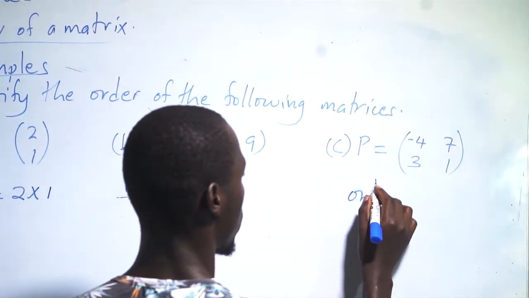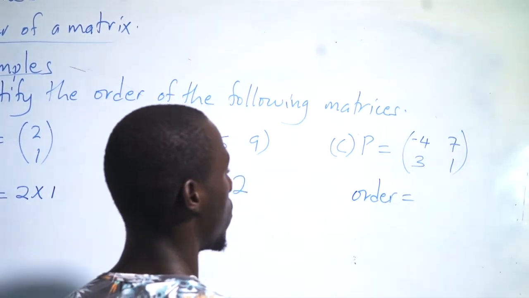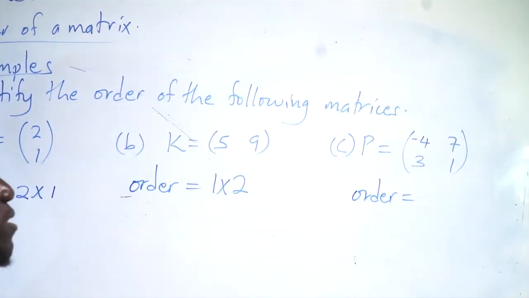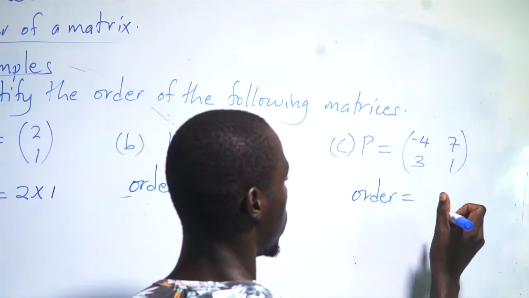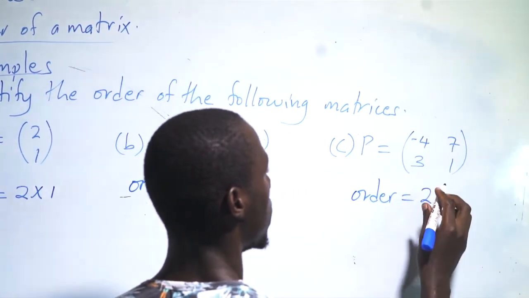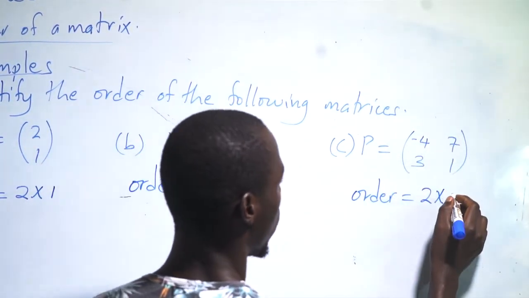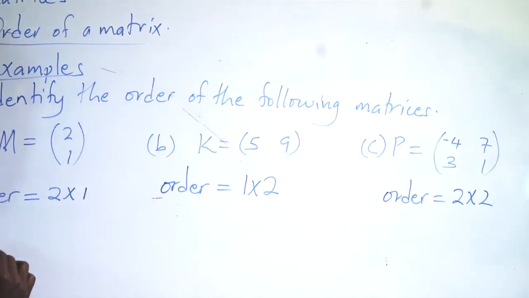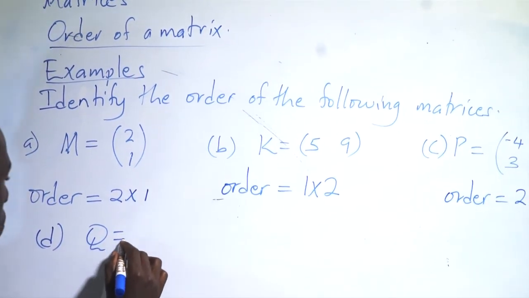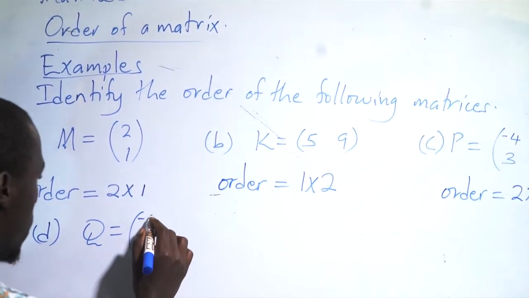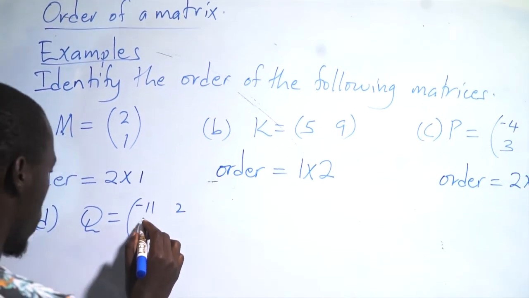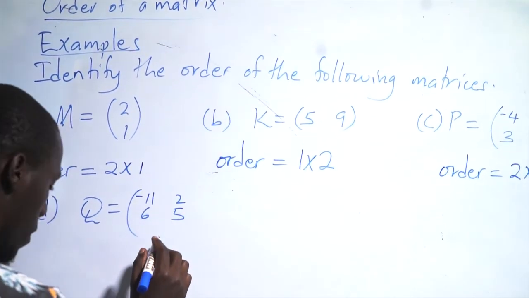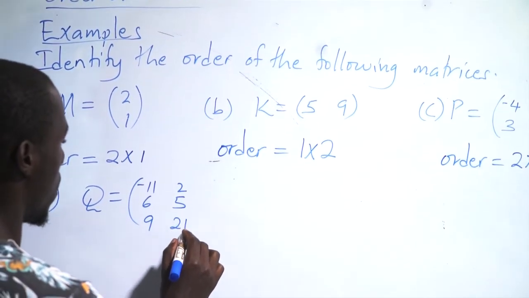So when I go to the order of matrix P, when I count the number of rows, 1, 2, then columns, they are also 2. So it is a 2 by 2 matrix. Then part D, I'm having my matrix Q as negative 11, 2, 6, 5, then 9, 21.